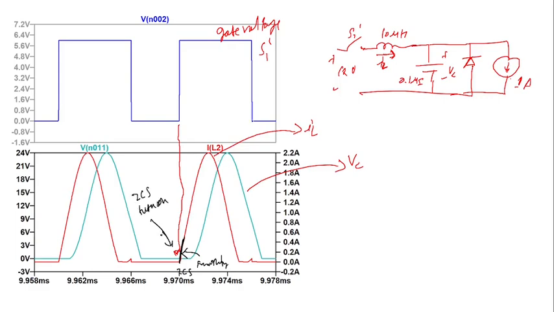Now before the device turns off, here the device is turning off, right? So here the current through the inductor is 0. Here you can see a very small spike. That is for a different reason, not because of the actual one.